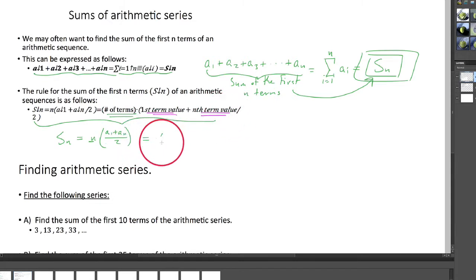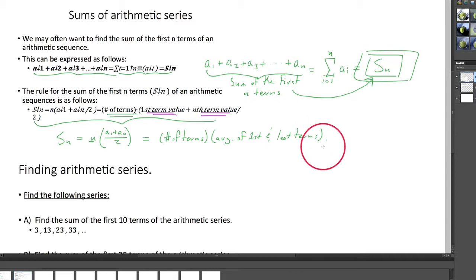So this is the number of terms, multiplied by the average of the first and last terms. It's a really cool fact that if you have something that's arithmetic, going up or down by the same amount between terms every time, we can simply take the first and the last term and average them together, and then multiply by however many terms there were, and this should work out for us.